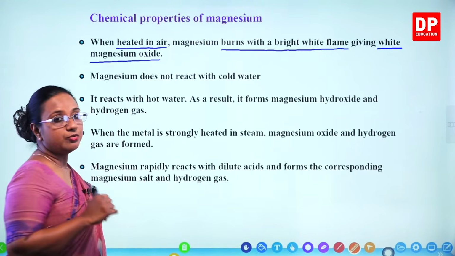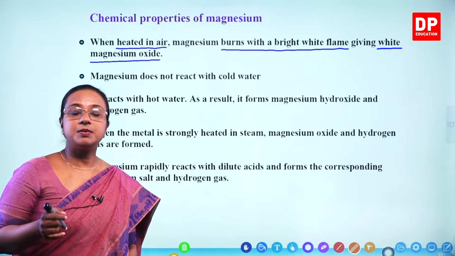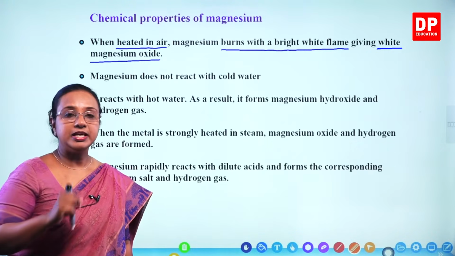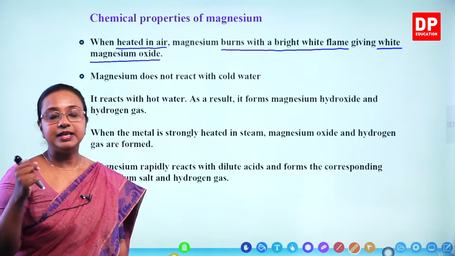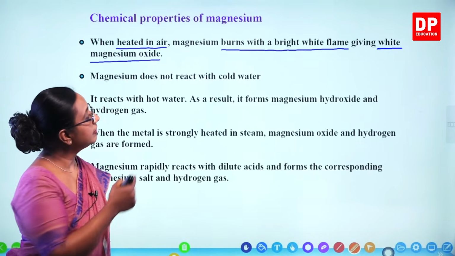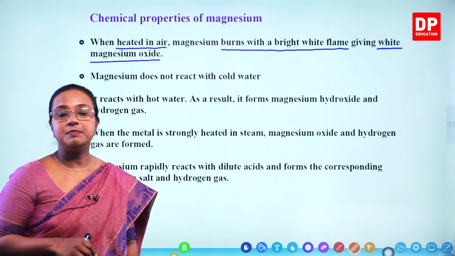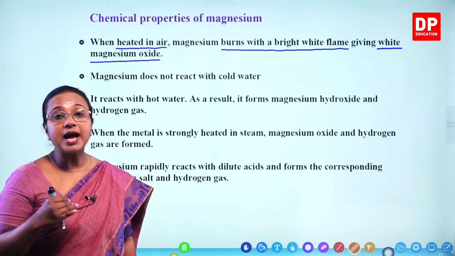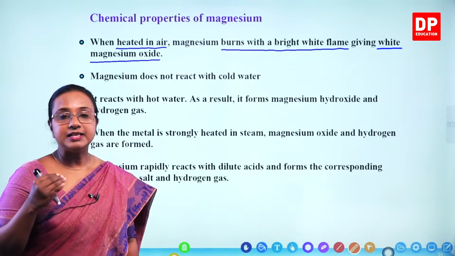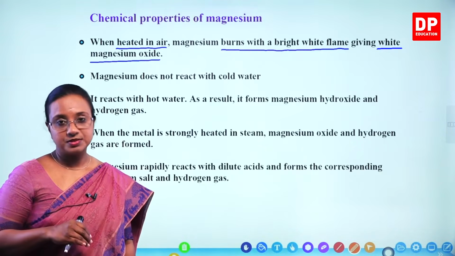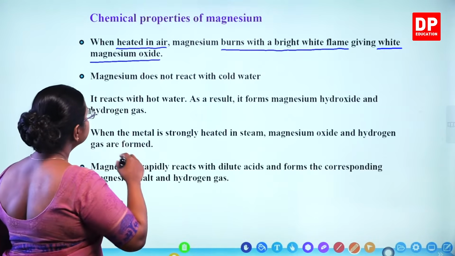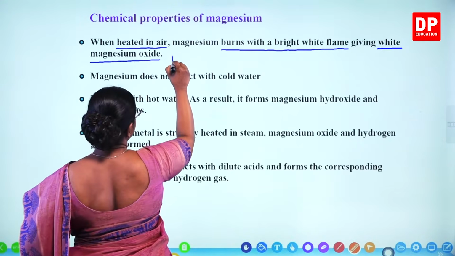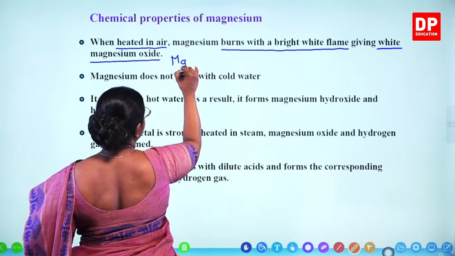So, you can easily burn a strip of magnesium holding it to a flame, it will burn in air and it will produce white color magnesium oxide. It burns with a bright white flame. That is a prominent observation. And this will lead to the formation of magnesium oxide.